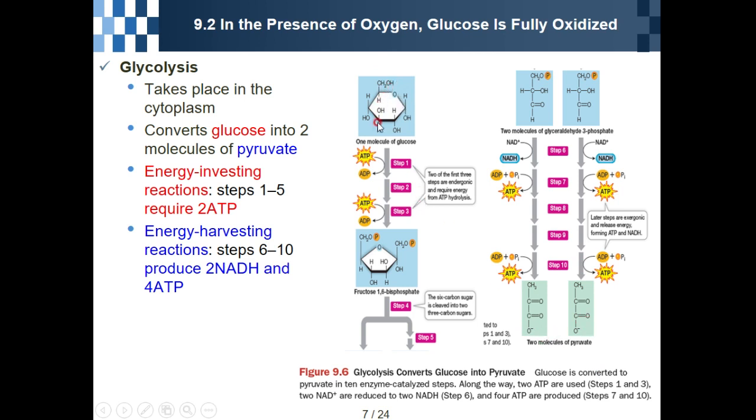Starting from the 6 carbon, finally it will make 1, 2, 3, 1, 2, 3. The 3 carbon is like this. Usually in biochemistry class, we teach that there are 10 steps, and we always ask students to memorize the whole pathway.